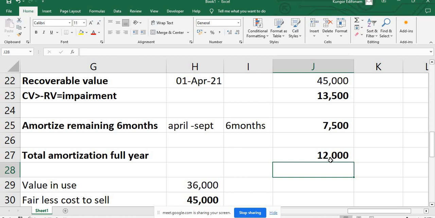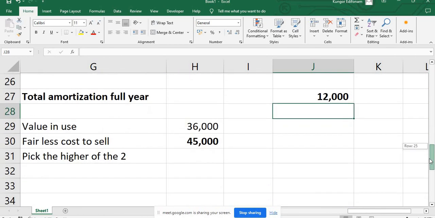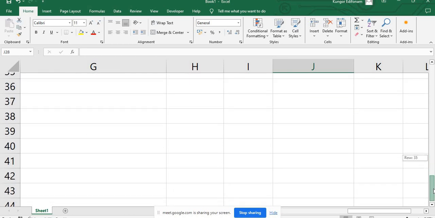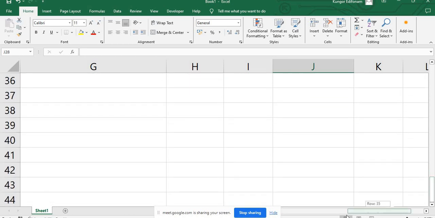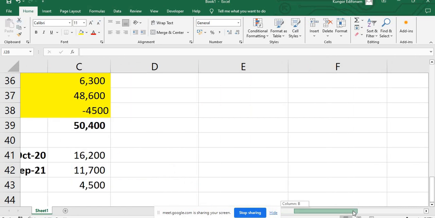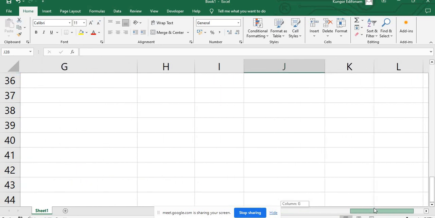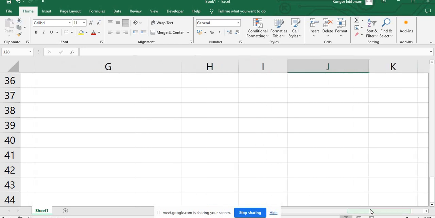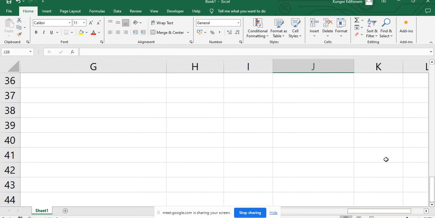Okay. So the next thing we'll be doing is to prepare our income statement. Let's look at how the income statement is going to look.